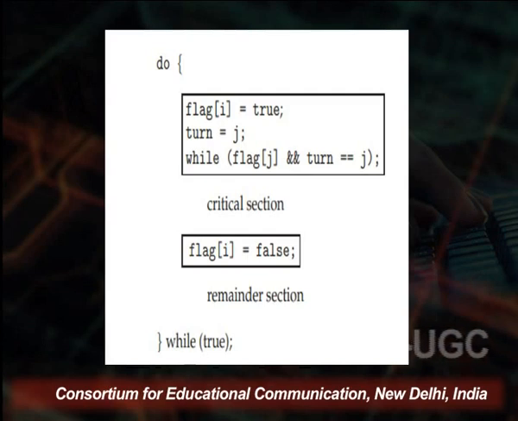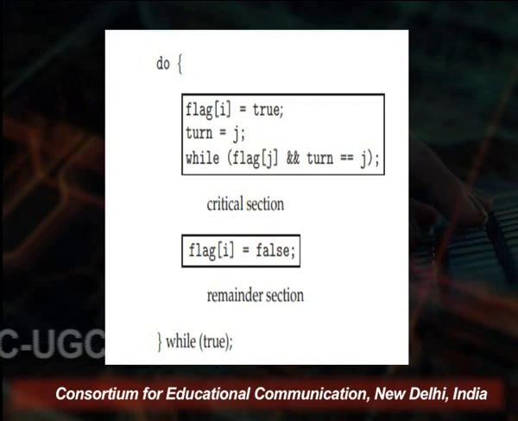And then there is a critical section in which the jth process, or process Pj, is going to work, because it is the turn of Pj, and then after execution of its critical section we have flag equal to false, and then we have a remainder section.